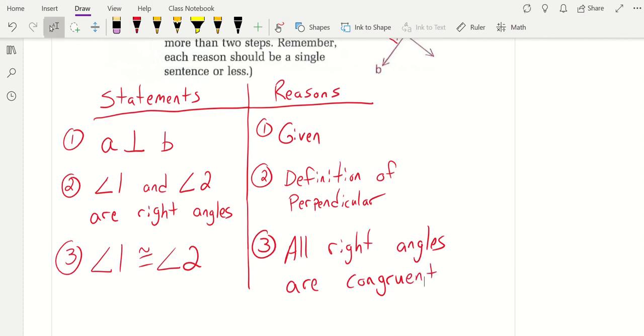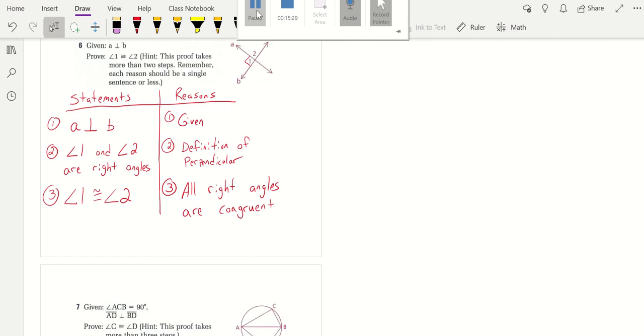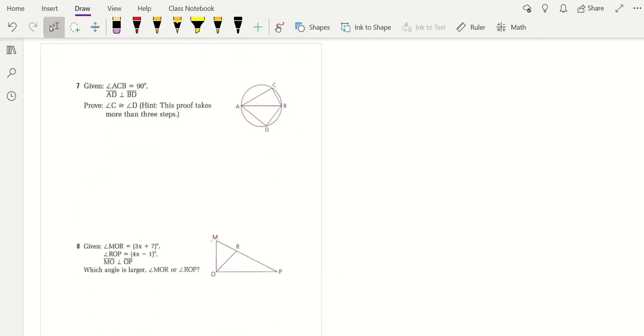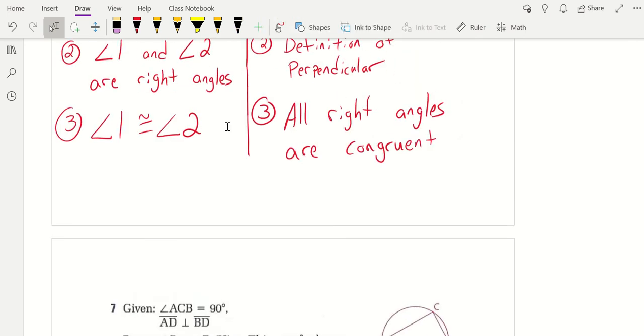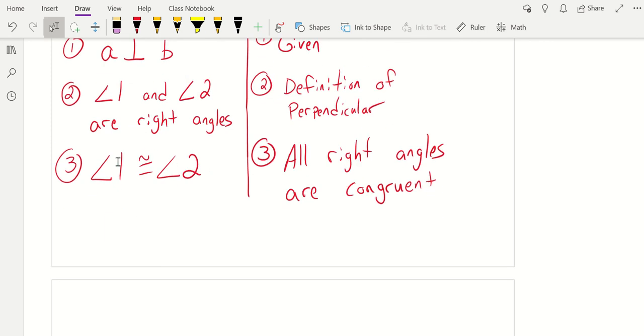There you go. And we'll take a look at number 7 together as well. Number 7, we want to end up where we did in number 6, which was angle 1 is congruent to angle 2. All right angles are congruent. In the previous step, we showed that 1 and 2 are both right angles.